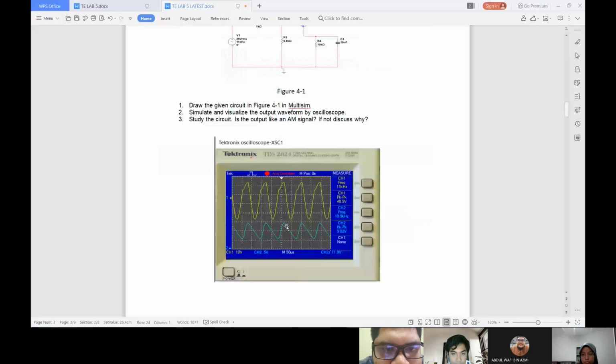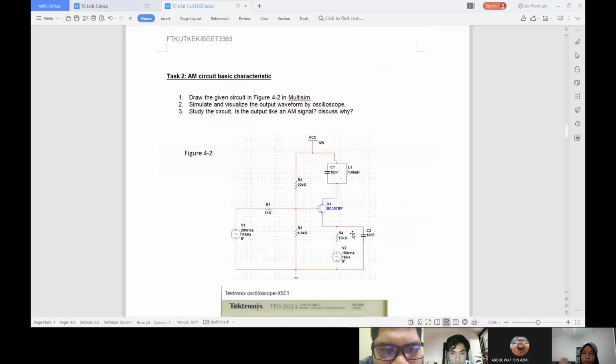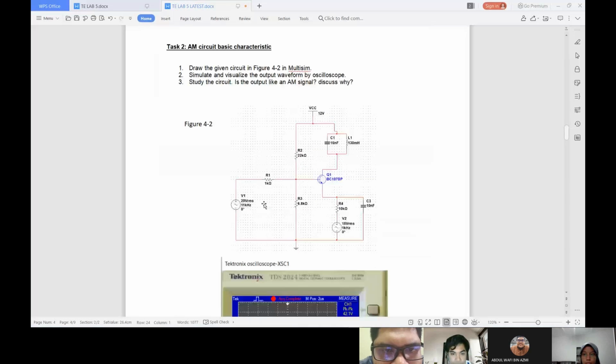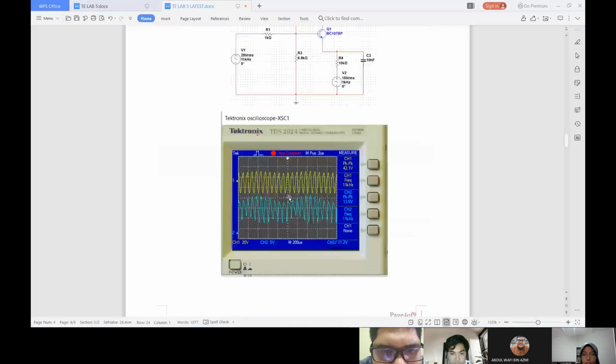For the second part, same as the first part, we construct the circuit first, and then we use the oscilloscope to visualize the output from the circuit. Same as the first one, the yellow one is the input and the blue one is the output.